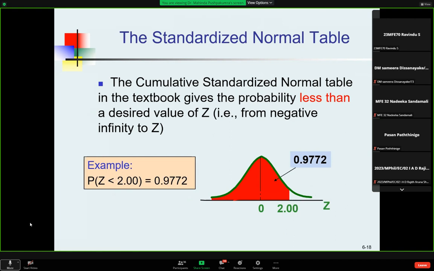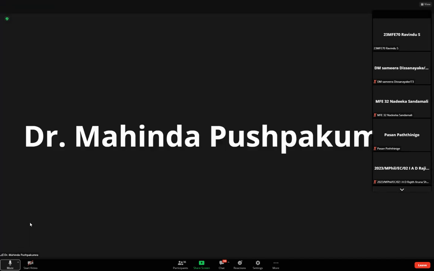Okay, I think I have shared some tables with you, and the normal distribution table is also there. However, I can share it with you again.